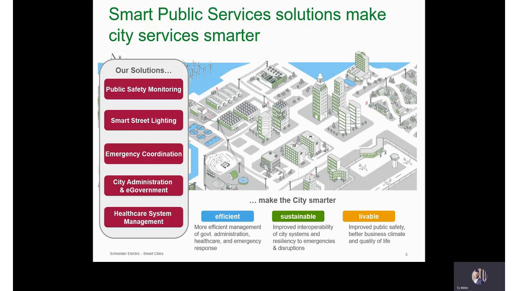And finally, I want to talk a little bit about smart public services and ways that we can make city services smarter. And this really just comes down to an overlap of the technology, right? When we start talking about services, it's not just the technology, but it's how that technology is utilized. So depending on what the city wants to share, oftentimes cities are in silos, and communication is blocked from one department to the next.